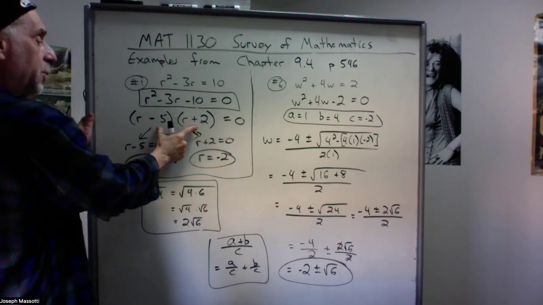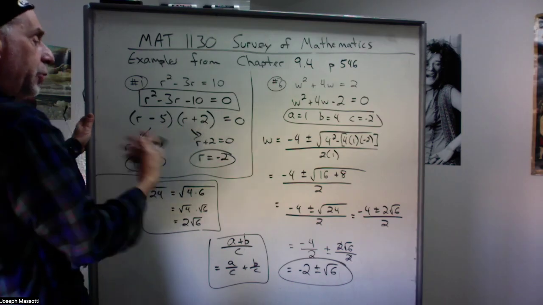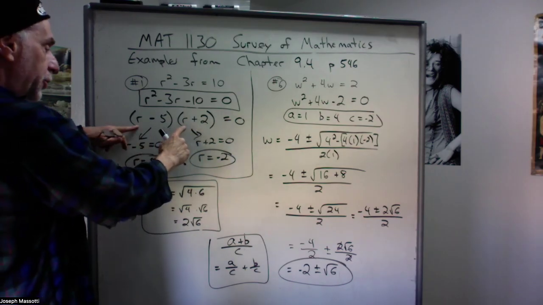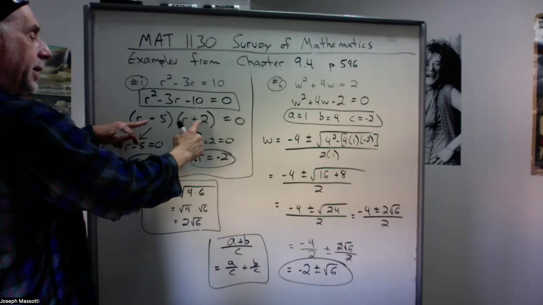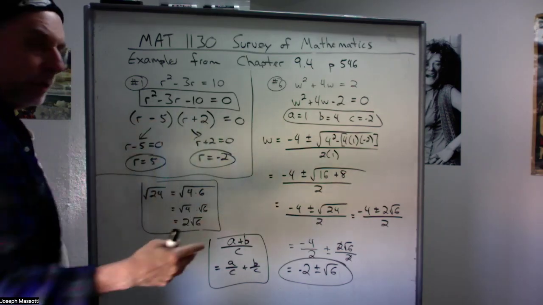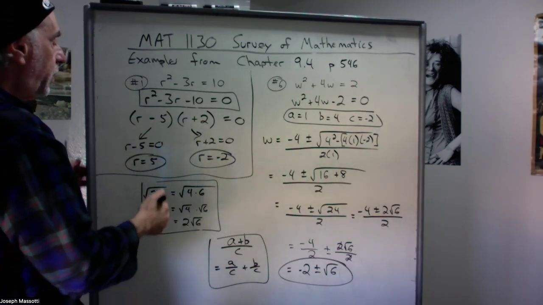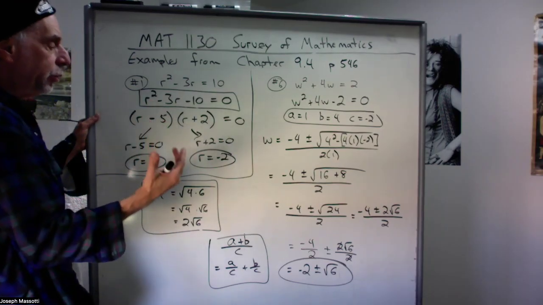right? Remember, when you're multiplying two binomials, you use the FOIL method, right? The first terms, and then the outside terms, and then the product of the inside terms, and then the product of the last terms, the FOIL method. So we want to get from here to here. So we do the reverse of the FOIL.